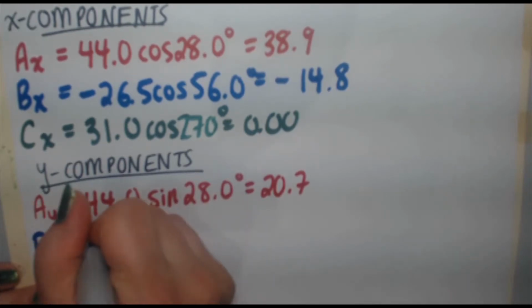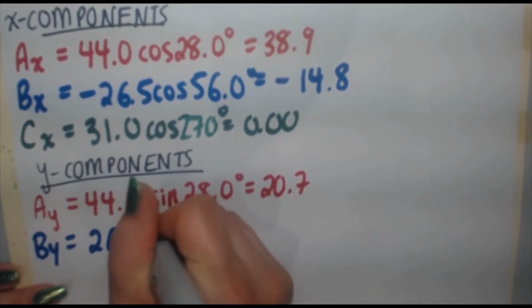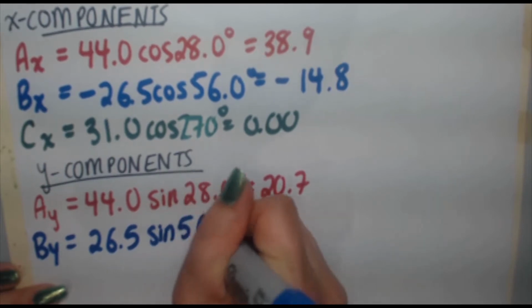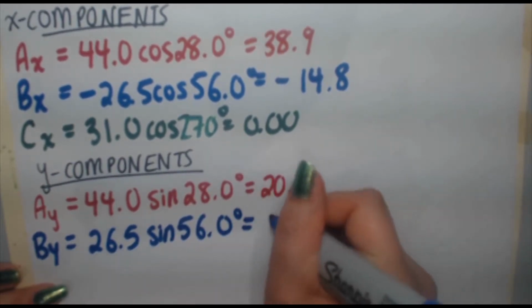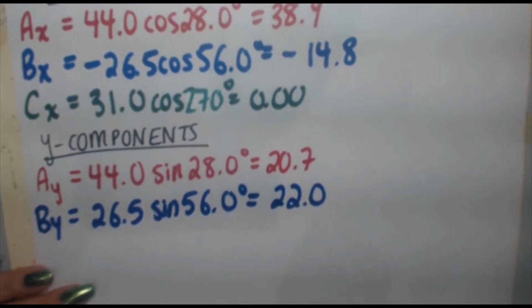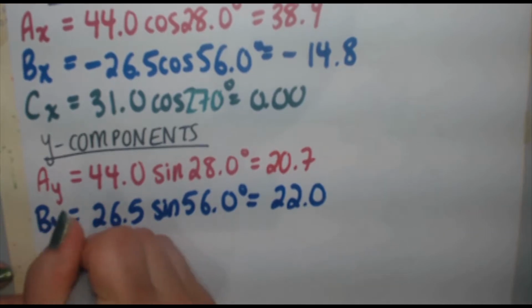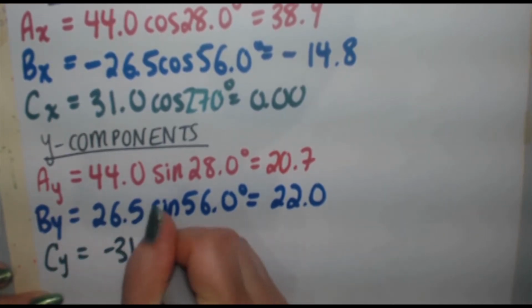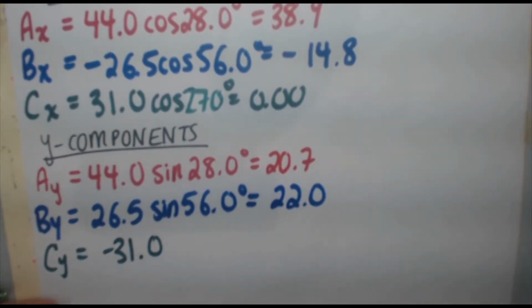Remember the diagram? So you get 26.5 sine of 56 degrees is equal to 22.0. And finally, CY, well, C is fully in the Y direction. So C is just minus 31.0. And that's it.